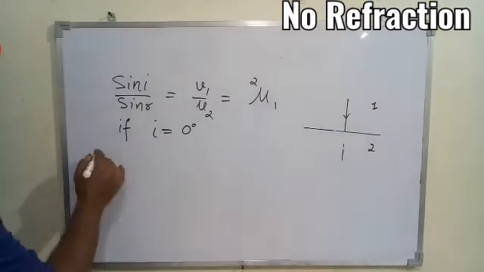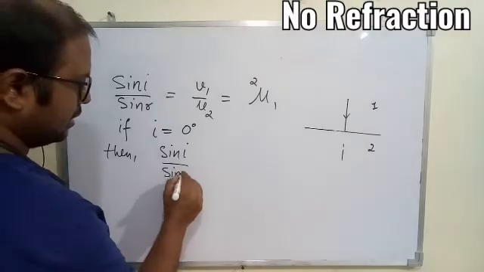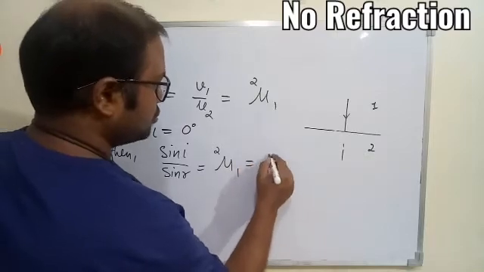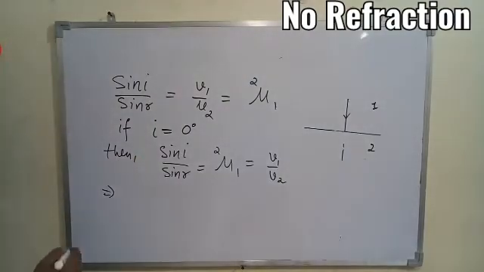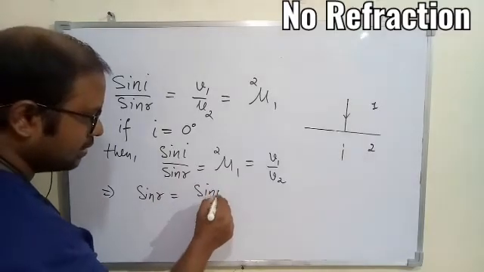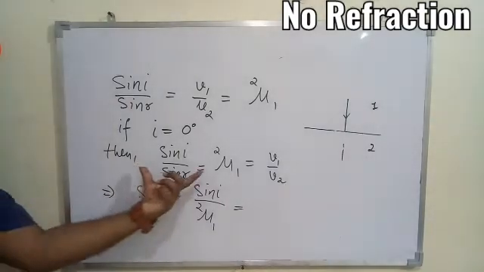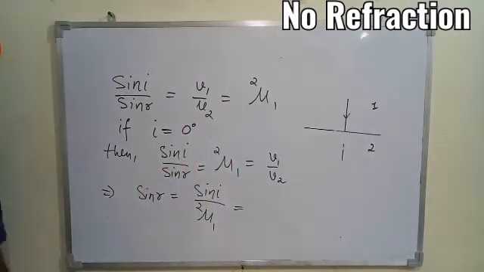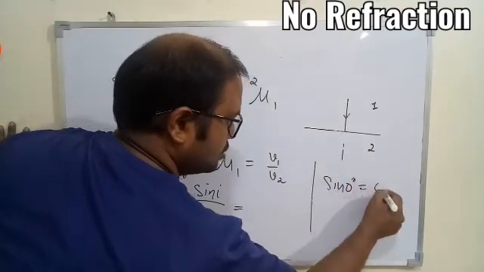Then we know sin i upon sin r will be equal to mu 2 1, that is also equal to v1 upon v2, or we can say sin r will be equal to sin i upon mu 2 1. So we can write sin r is equal to sin i upon mu, that is the refractive index of the given medium, and you know sin 0 degree is 0.